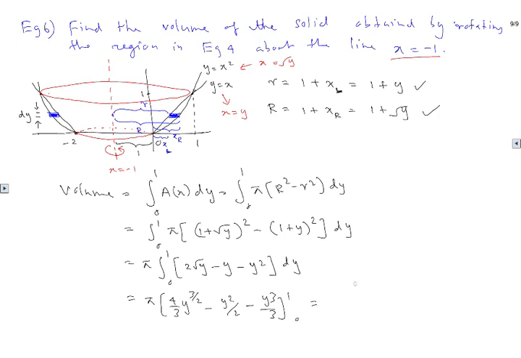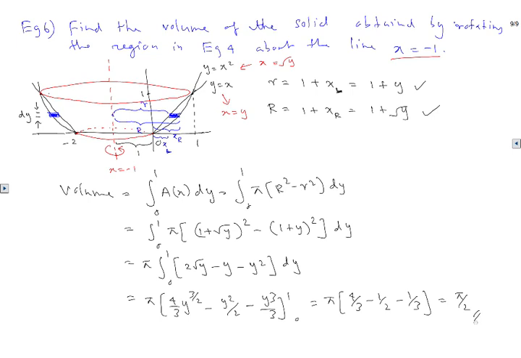If you plug in 1, it's pi, what do you get? 4/3, 1/2, 1/3. Very easy to simplify because 4/3 and 1/3 cancel. You get 1 out, so it's 2/3. If you simplify, you end up getting pi halves.